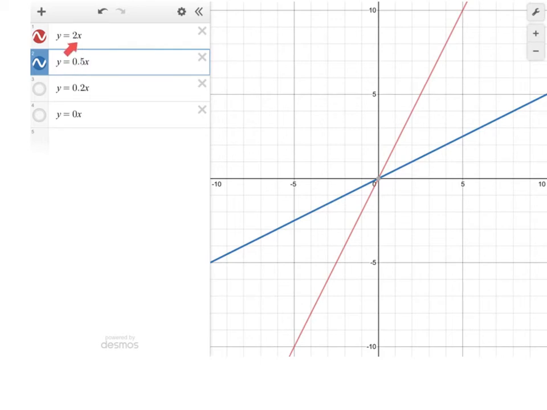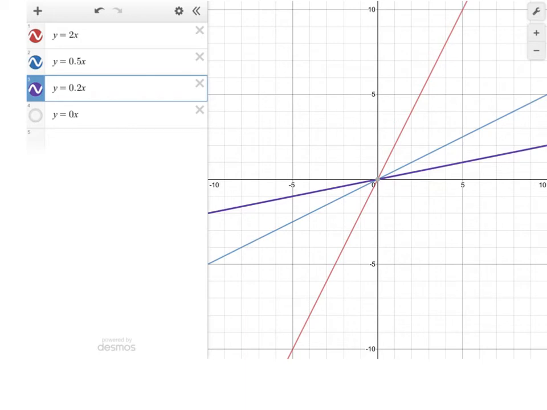This one has more steepness than this one. So let's look at the red and the blue line over here. We have got y equals 2x, and the blue one underneath is y equals a half x. So again, the gradient is 2, so that's steeper than this one that has a gradient of a half.